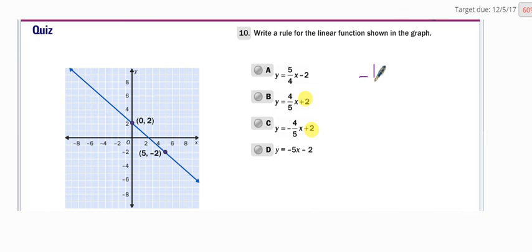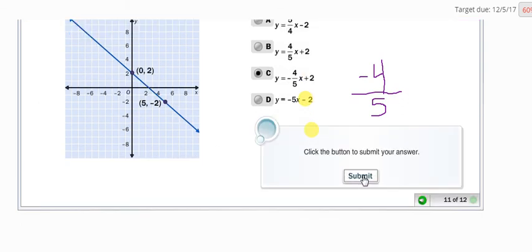Down 4 means -4. And then we are going over 1, 2, 3, 4, 5, over 5. So down 4 over 5 means that it's a negative slope. You can also tell that from the line going down, that it's a negative slope of 4 over 5. So our option becomes option C.